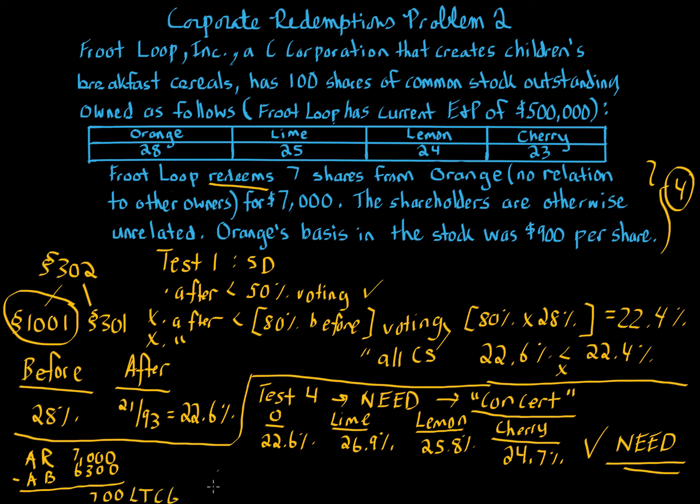The adjusted basis of the shares going forward is going to be $900 per share, for the remaining 21 shares. The effect on EMP and all that stuff, again, we mentioned that in an earlier discussion. We're not going to go into the specifics there, but it would affect EMP. All right, so that is variation 4.